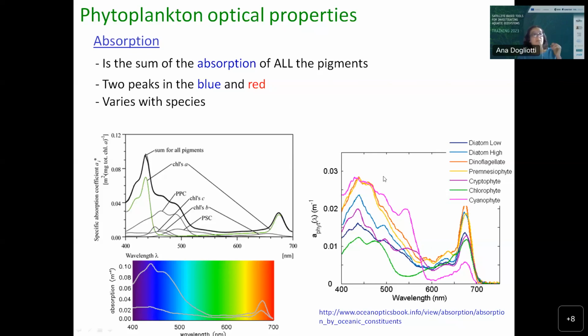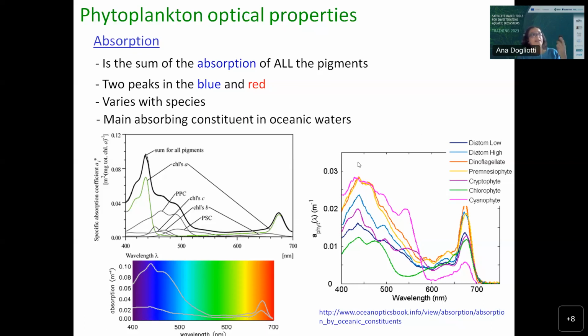But what I want to show is the high variability between them. What they have in common is that all have a peak in the blue and a second peak in the red. And that's what is generally used for determination of chlorophyll concentration using remote sensing.